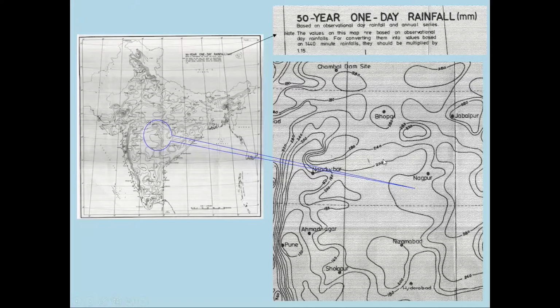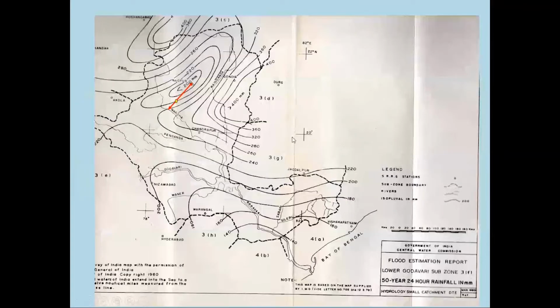This value is 200. The next value is 240. So between 200 and 240, as per this distance, you will calculate and find out the 24 hours point rainfall at the point of the bridge.